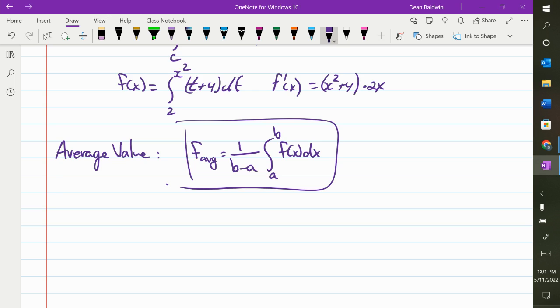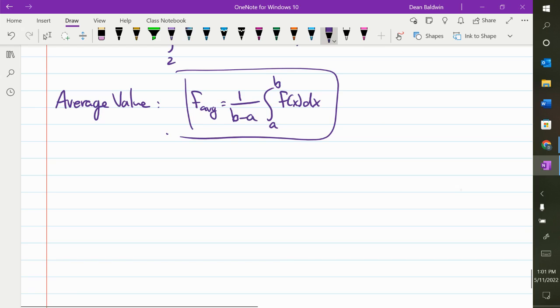I don't want to speak for him, but it seems like you don't have to memorize any formulas. Okay, let's do a quick practice average value problem, then we can move on to integration. Here's an average value question.